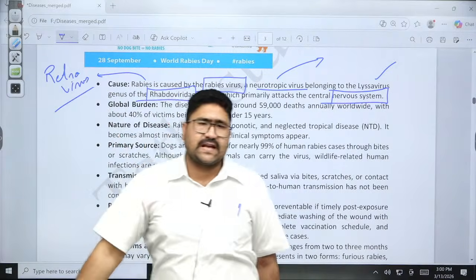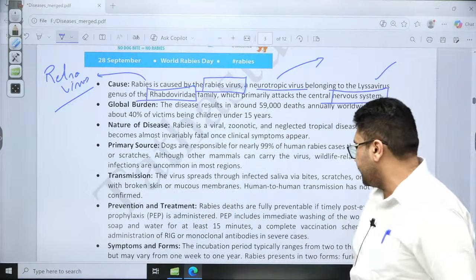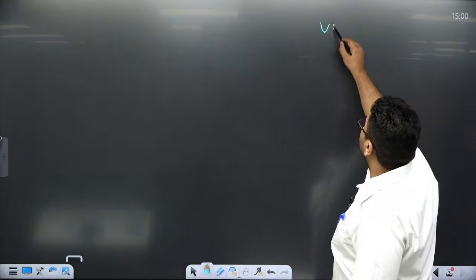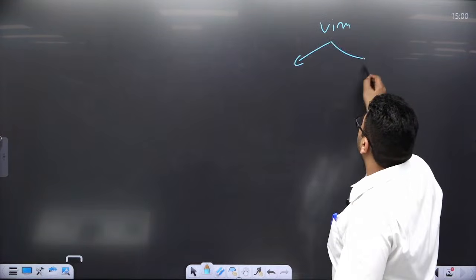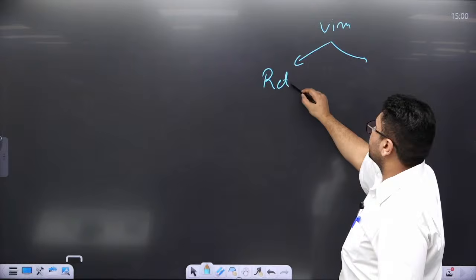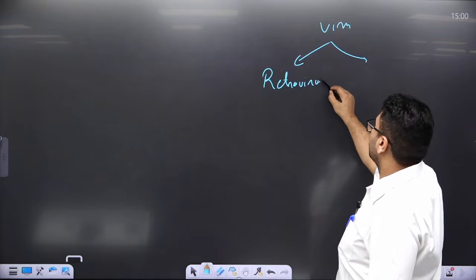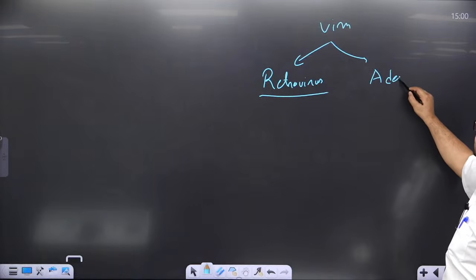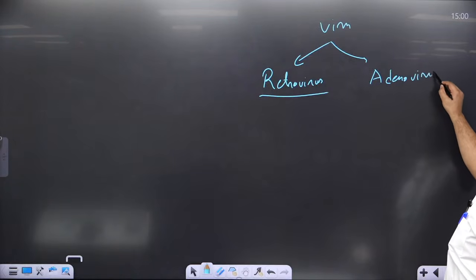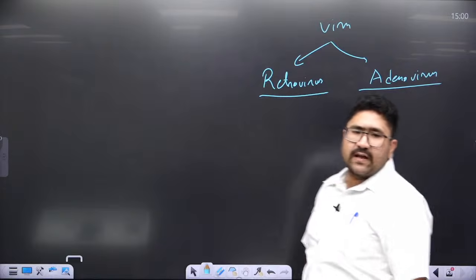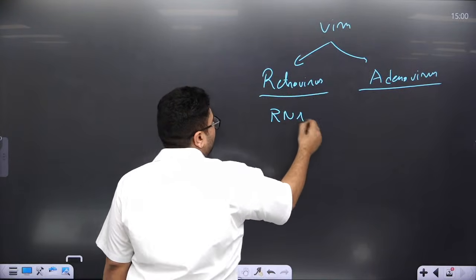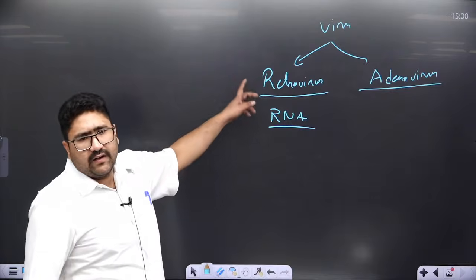Primarily, viruses can be classified into two ways. What are the two ways? Either a virus is considered a retrovirus, or the virus is considered an adenovirus. If the genetic material that the virus has is RNA, R से RNA, R से retrovirus.